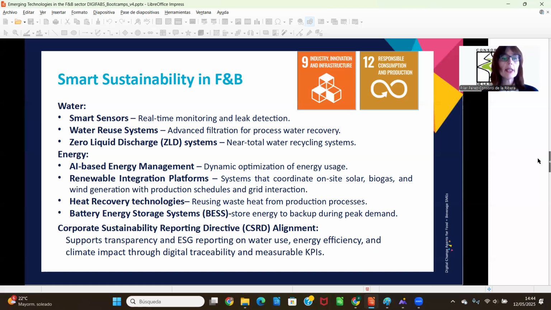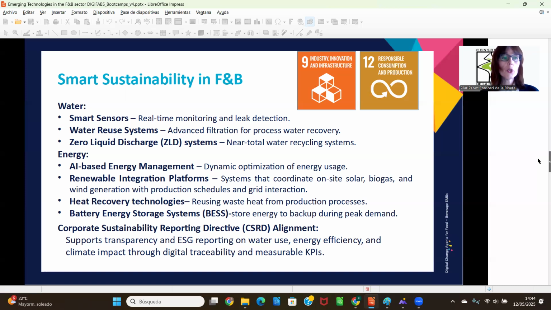In this aspect, it also helps to fulfill all the green policies and recently the Corporate Sustainability Reporting Directive, CSRD, that is compulsory for big companies since 2024, but it will extend to other companies in future years.